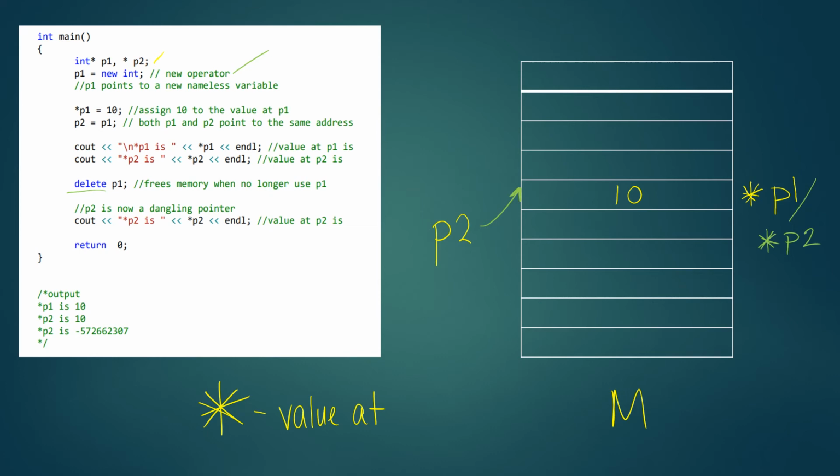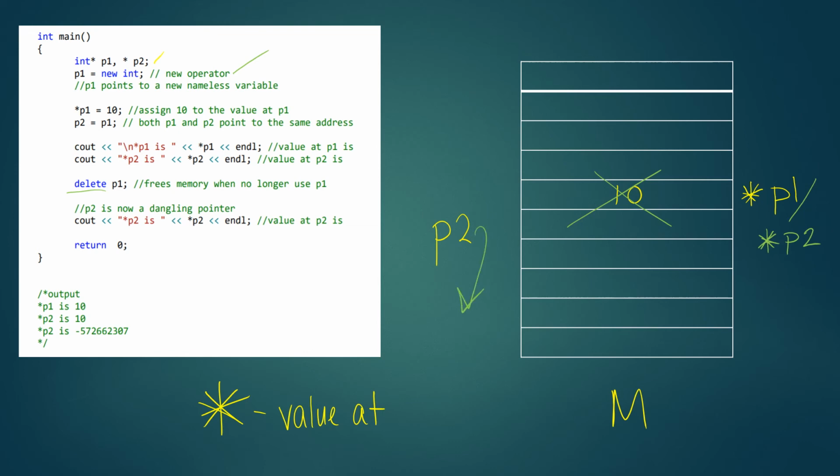When P1 no longer exists, what actually happens is you're not deleting P1 from pointing to this location in memory. You are freeing up this memory, and this memory now becomes available. So P2 that was pointing here is now pointing nowhere.